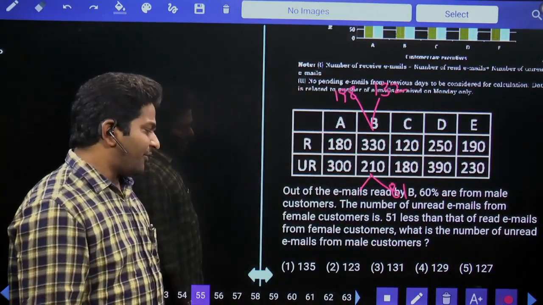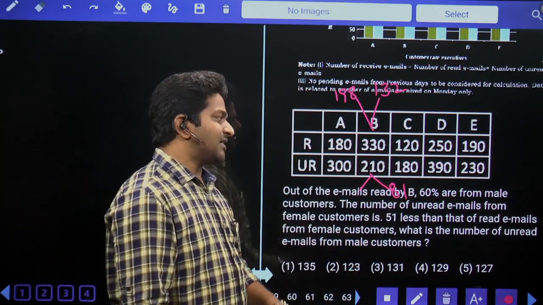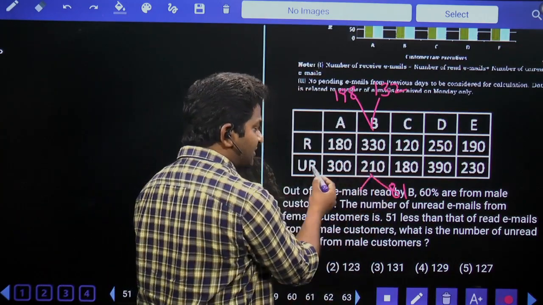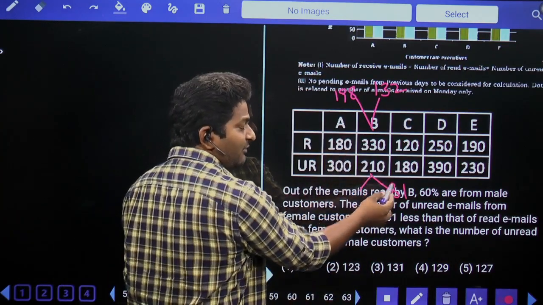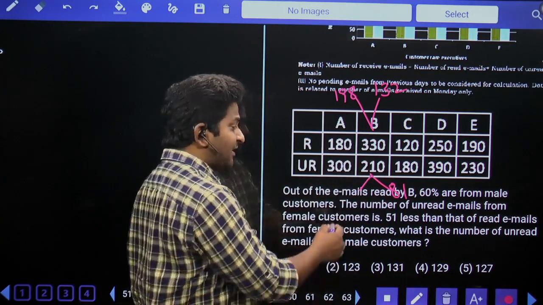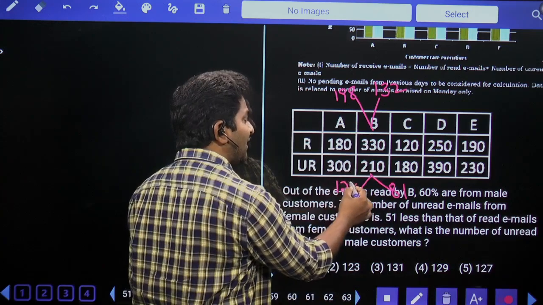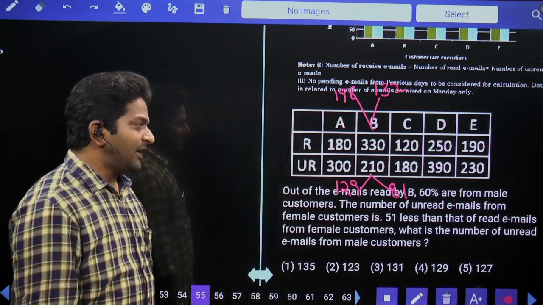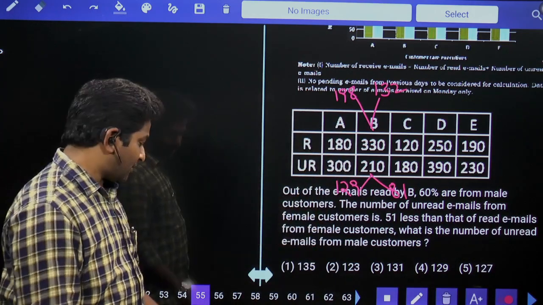What is the number of unread emails from the male customers? Out of 210 which are unread, 81 are from female. Then from male, the difference is 129. 129 is our answer, which is fourth option.